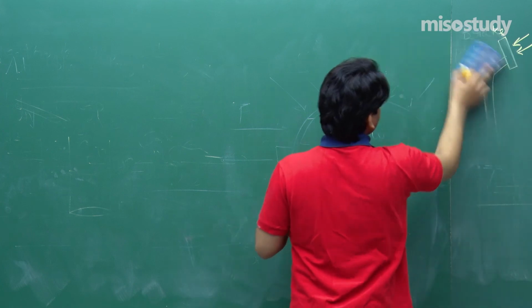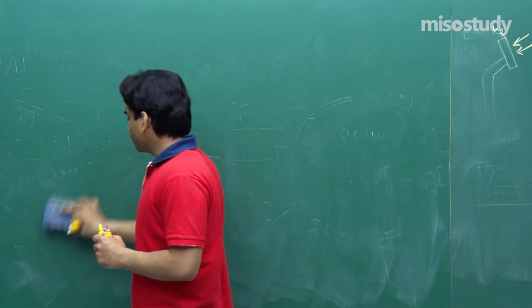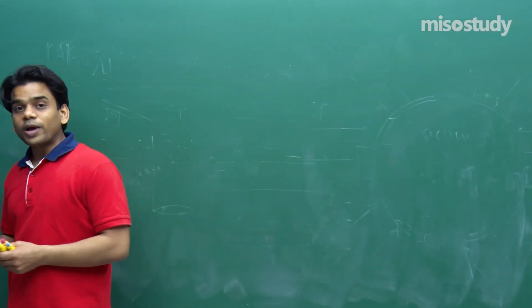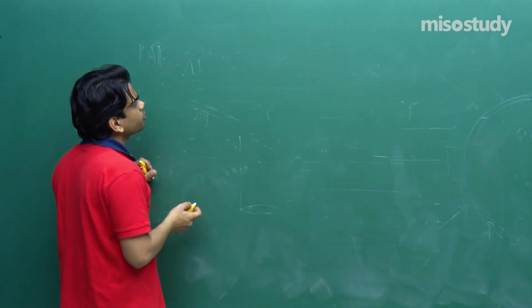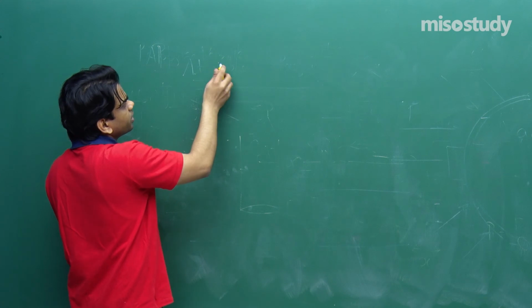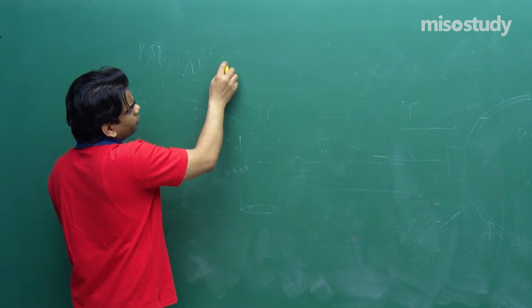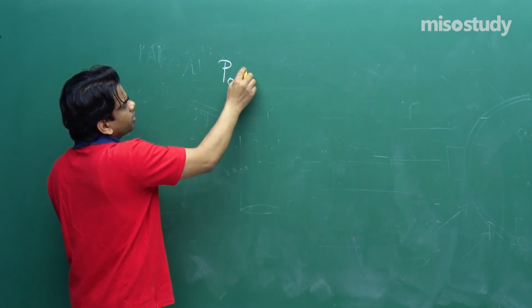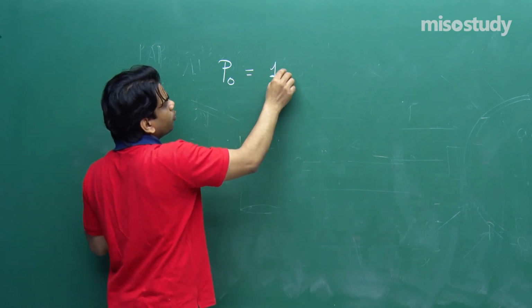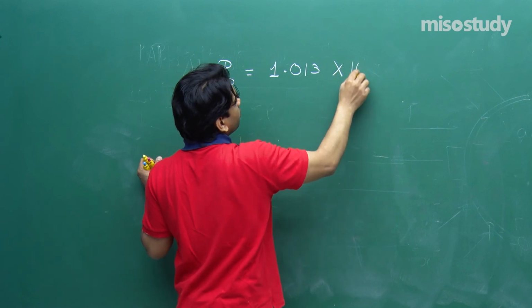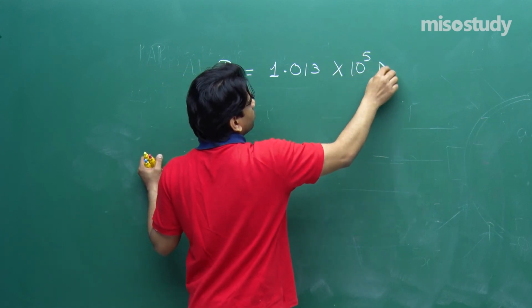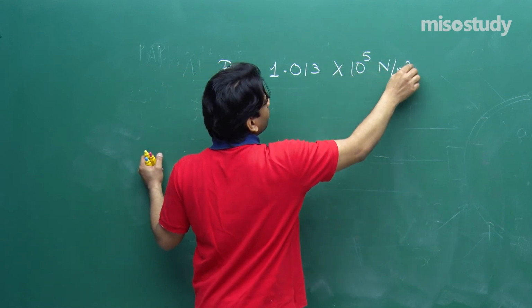First of all, let me give you the value of atmospheric pressure. In SI units, we generally denote atmospheric pressure as P naught. It is given as 1.013 into 10 to power 5 Newton per square meter or Pascal.